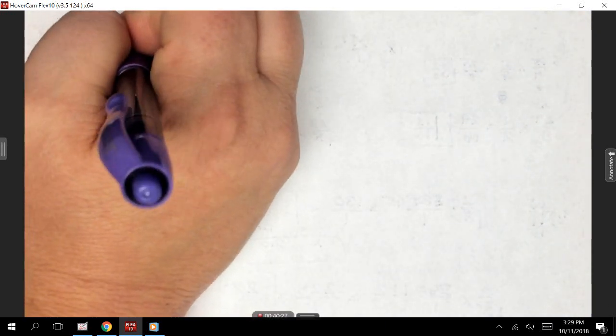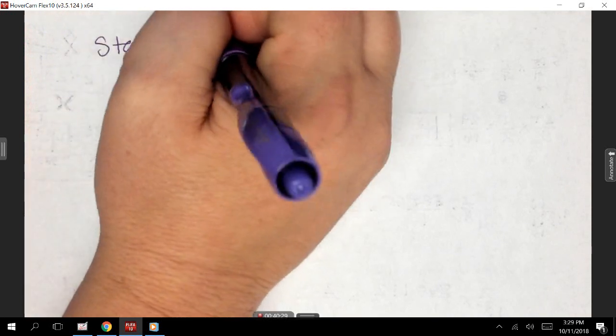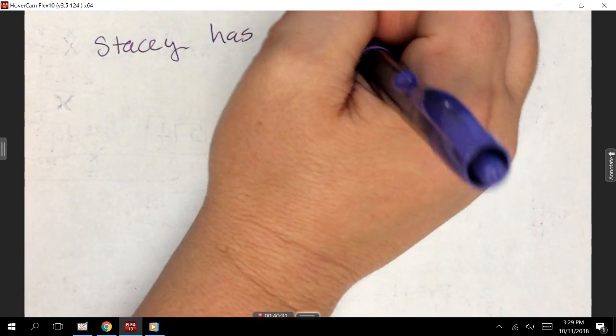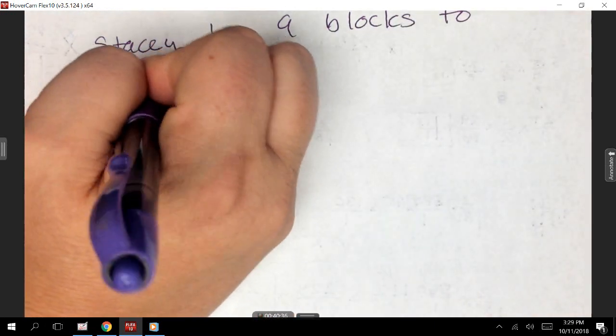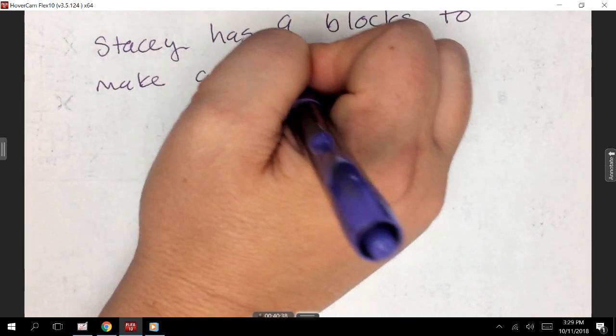The last thing that I wanted to mention, on the back, I wanted to talk about a question you're going to see on your test tomorrow. This is about Stacy. Stacy has 9 blocks to make a tower.